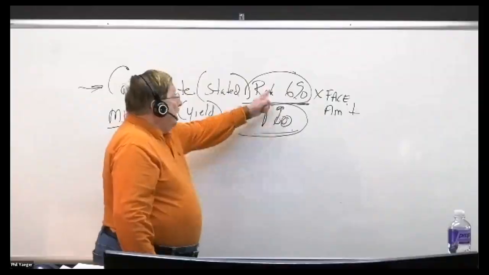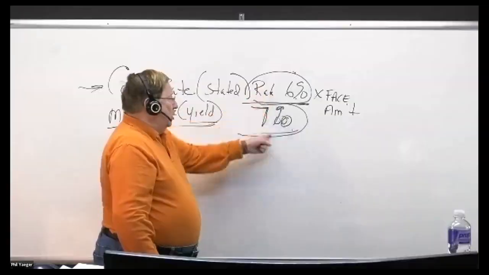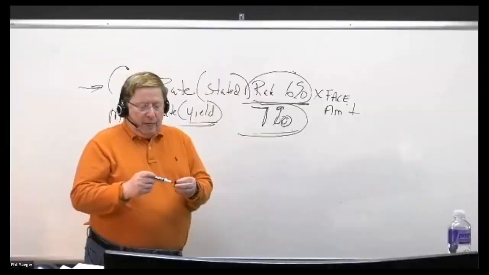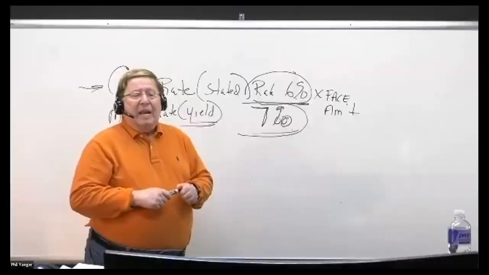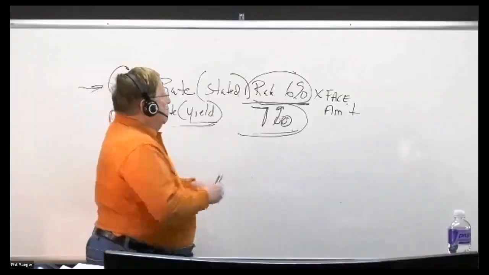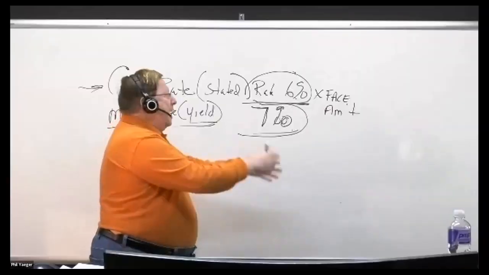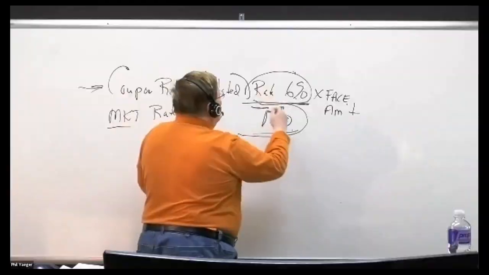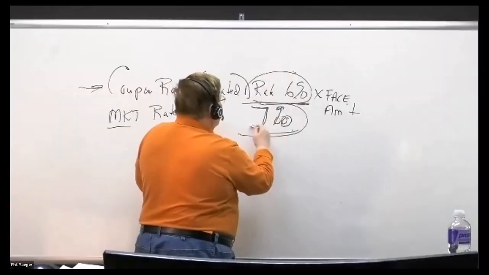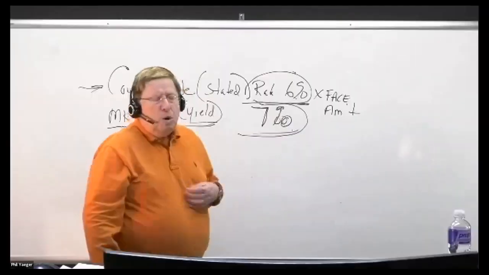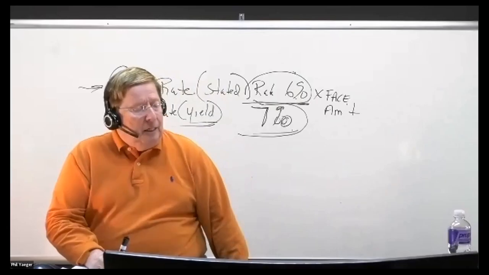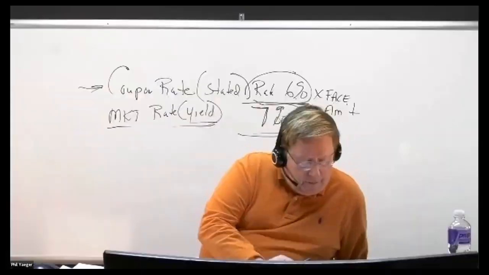We're going to have to issue it at a discount. Do you understand that? Yes or no? And by issuing it at a discount, when you take the discount plus the interest payments, it makes your rate equal to the yield rate or the market rate. That's why you issue it at a discount. Has everyone got that? Yes or no?